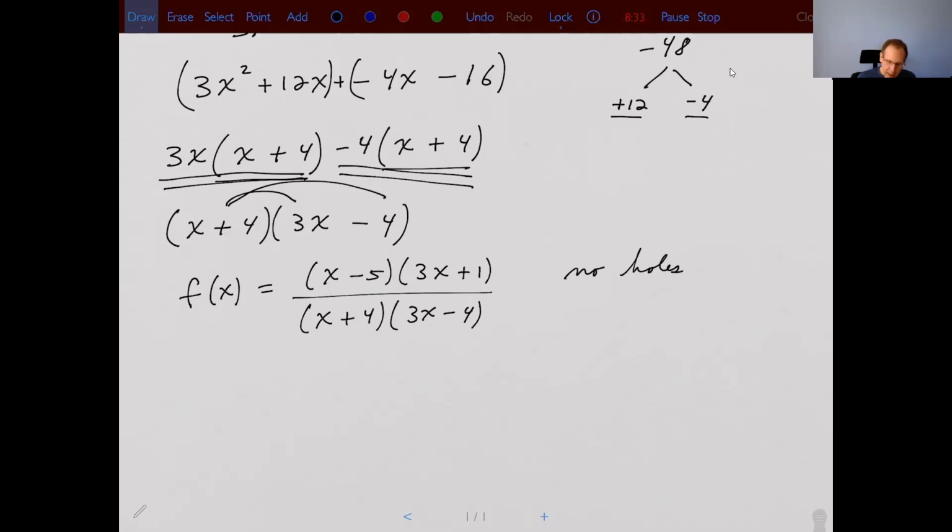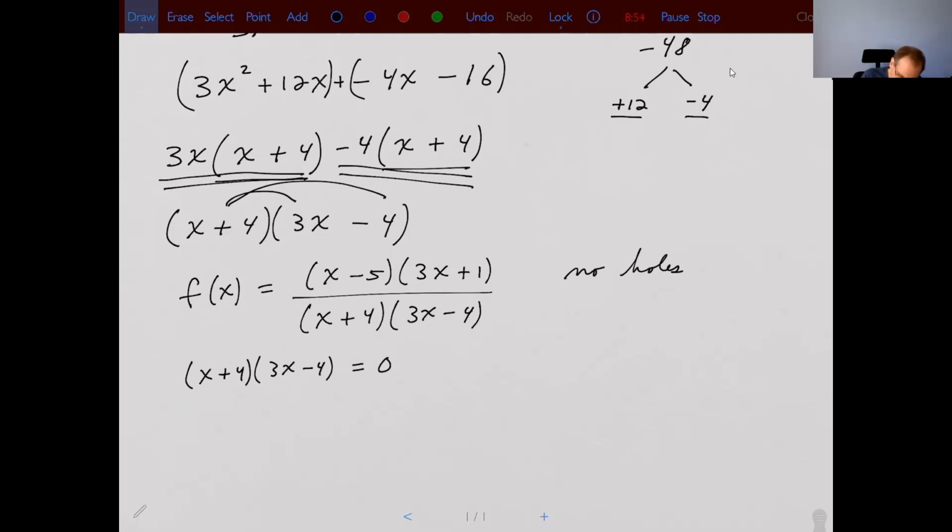And now I can actually determine where the vertical asymptotes are. How do I do that? Remember, you set the denominator, which is x plus 4 times 3x minus 4, equal to 0. I want to figure out what x values will make the denominator 0.